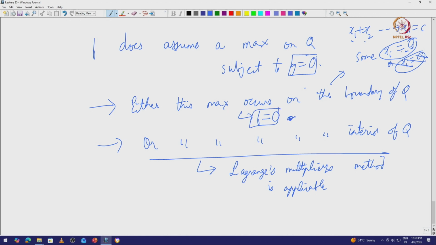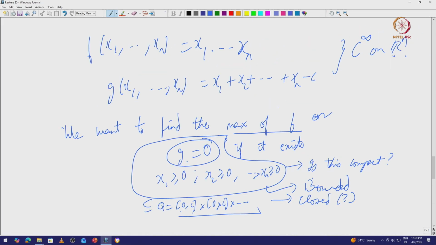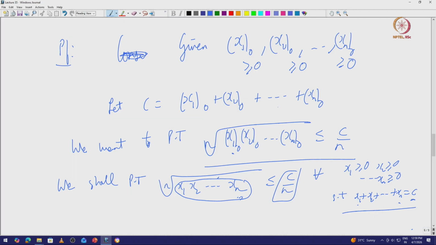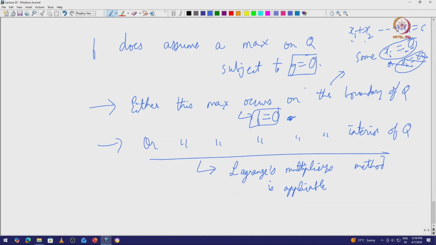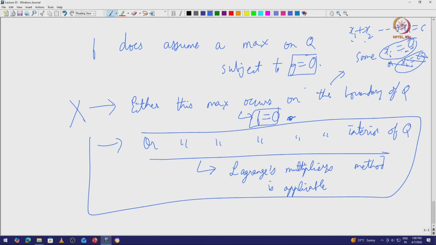So, and obviously 0 is certainly not the maximum of f, right? Certainly if you choose some non-zero values of x1 to xn so that their sum is C, then f will be positive, right? So 0 is certainly not the maximum value of f, so this doesn't even apply. So we can happily use the method of Lagrange's multipliers.